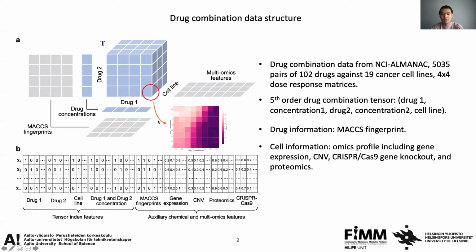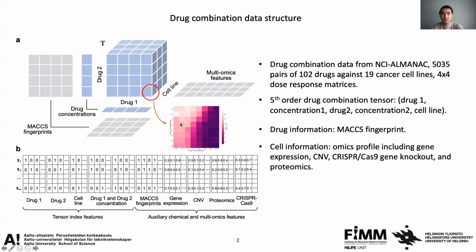So the three-dimensional cube together with the two-dimensional response matrix makes the data a degree 5 tensor. The 5 dimensions are the first drug, its concentrations, the second drug, its concentrations, and the cell line.